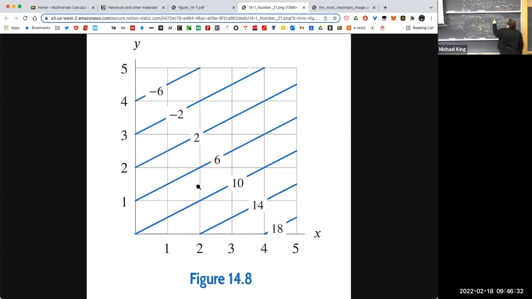This would be 9.01, right? That's what I'm saying if you zoom way in. Imagine we're in that situation here. This is just an example they gave. It's more like a linear function, honestly, but if you zoomed in enough on a contour map, you would see something like this. And then you could actually estimate partials from a picture like this, right?